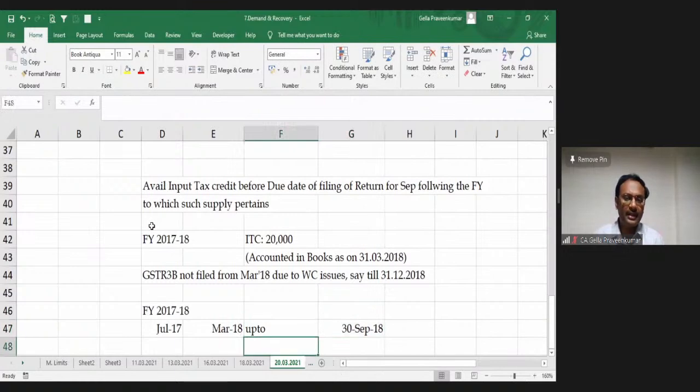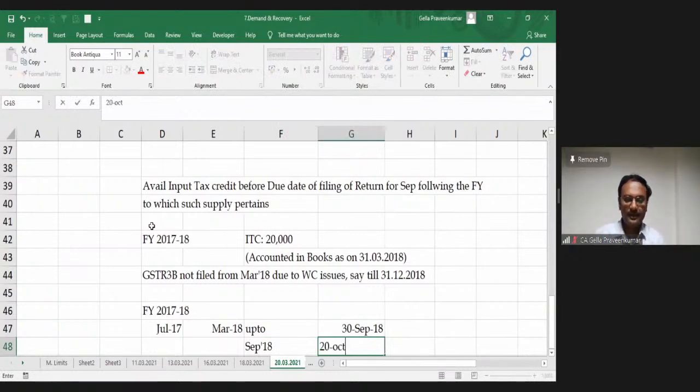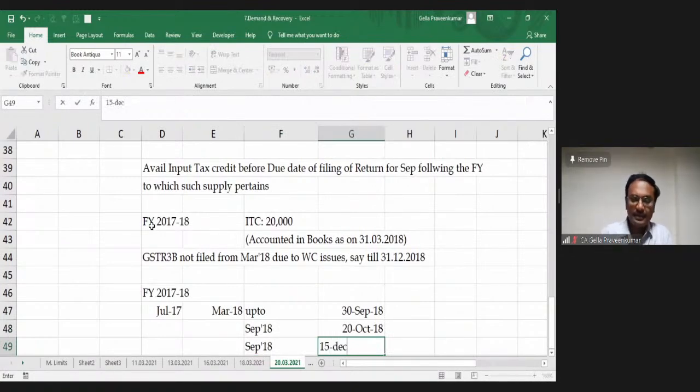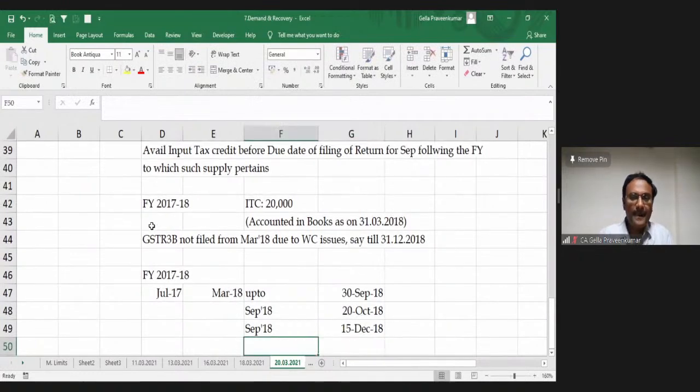My September return, September 18, assuming for a moment, has to be filed on 20th October 2018. Now the question comes, which many professionals ask. The September return I should have filed on 20th October. Assuming I filed this September return on, say, 15th of December 18, am I eligible?